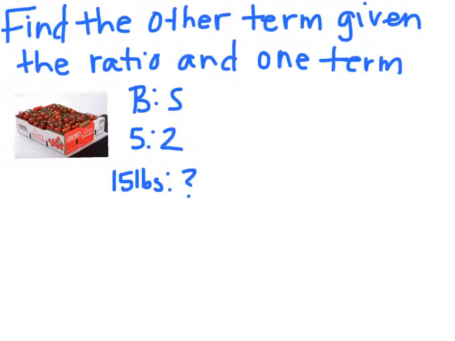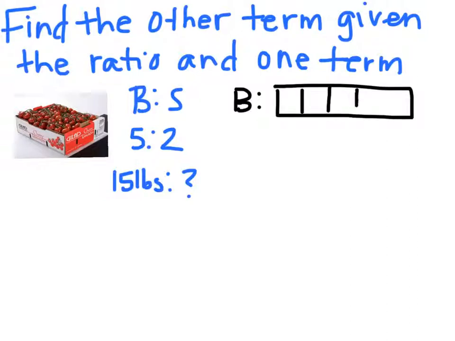Okay, there are 2 different methods we can use to solve. The first involves drawing a bar graph. Our bar graph would look like this. Our bigger portion has 5 units, and our smaller portion has 2 units.